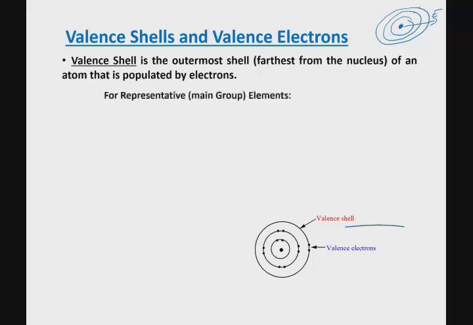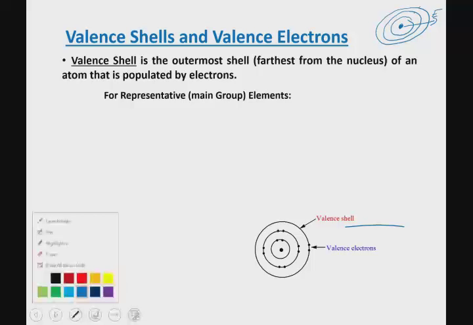Now, the ability for us to figure out which shell is the valence shell can get complicated depending on the electrons, but for representative elements only, now if you remember, the representative elements are the elements in the A category of the periodic table.